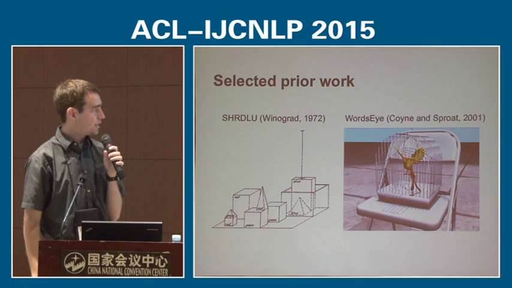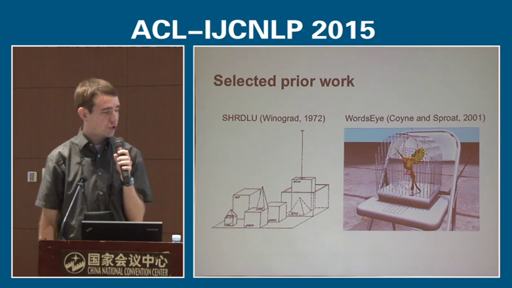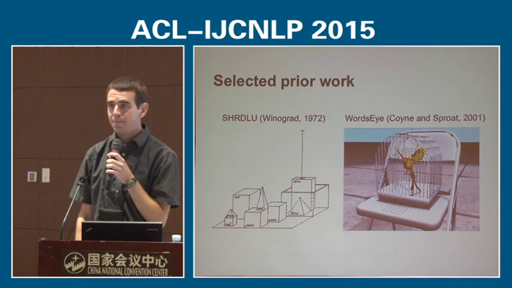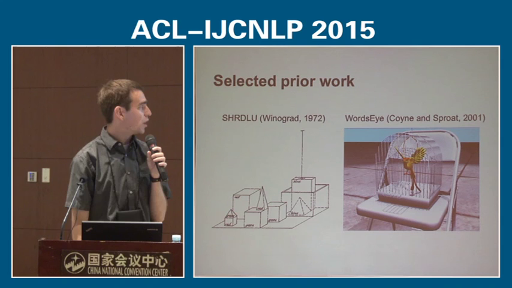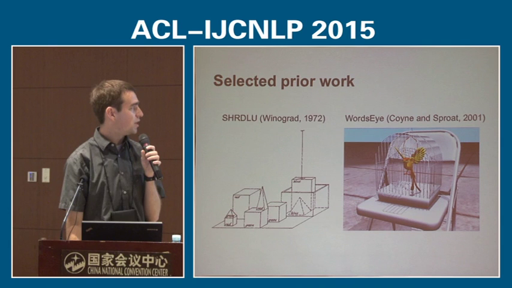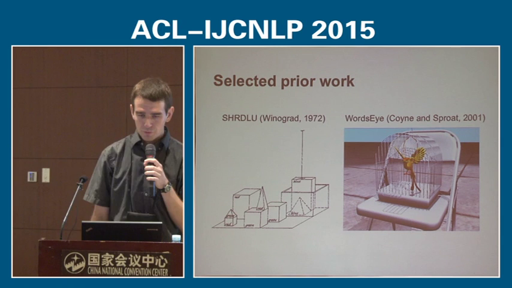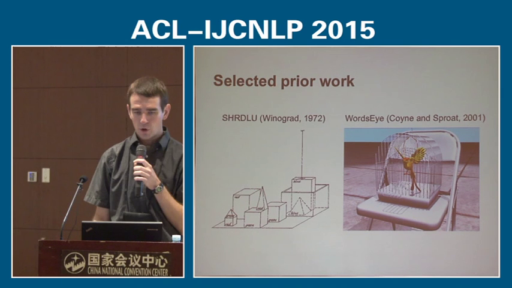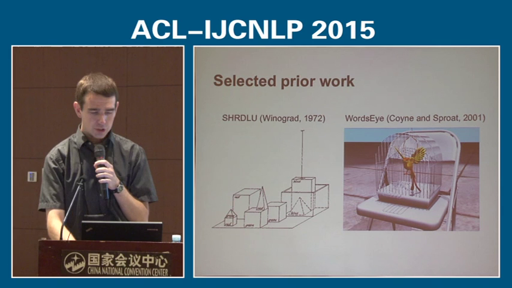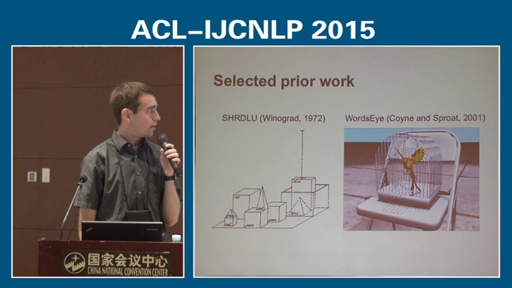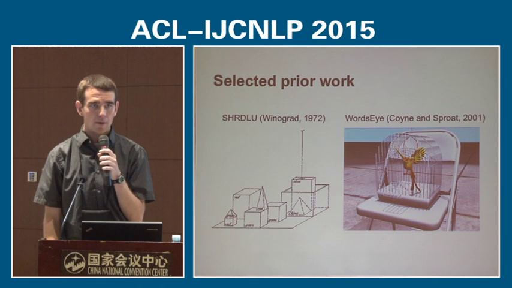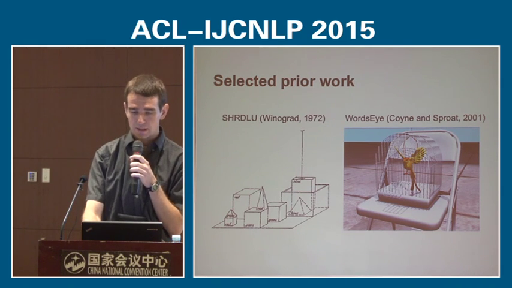Probably the earliest example that we know of is SHRDLU by Terry Winograd in the 1970s, which demonstrated natural language understanding and moving blocks around in a 3D block world. More recently, probably the most notable work in this field is WordsEye, which is especially important for using a realistically large database of 3D models in order to be able to generate a wide variety of scenes from text.